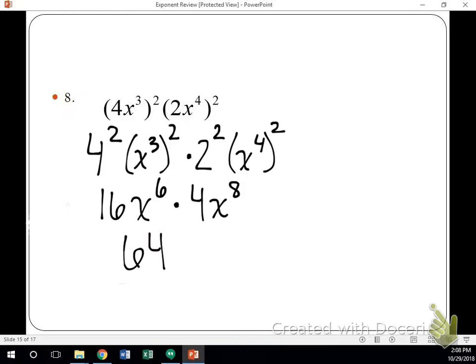Add them. If we're multiplying the same base, we add the exponents. If we are dividing the same base, we subtract them. If we only have one base with 2 exponents, we multiply them. Lots of different things we got to keep straight. So 6 plus 8 gives me 14.